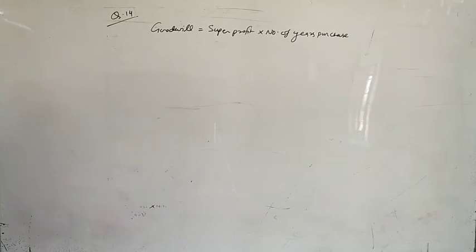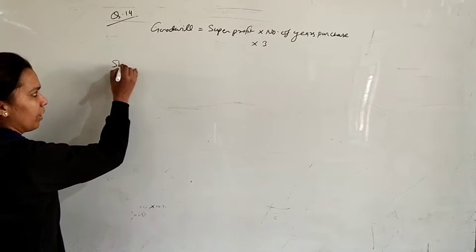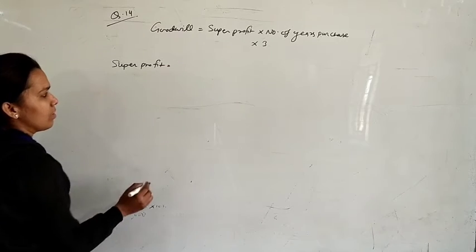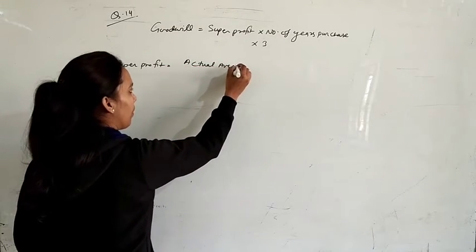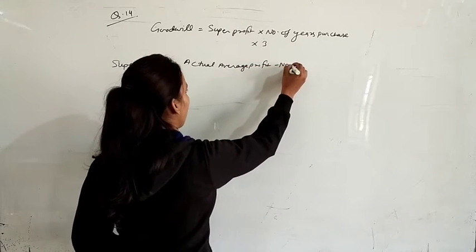Okay, number of years purchase, that is 3, and super profit we will calculate. So write down super profit equals actual average profit minus normal profit.